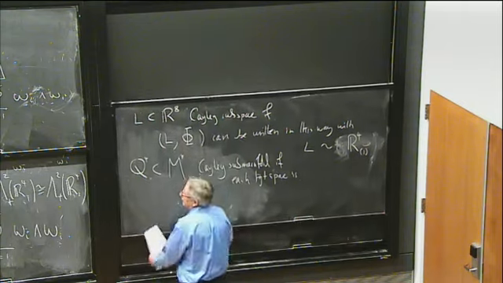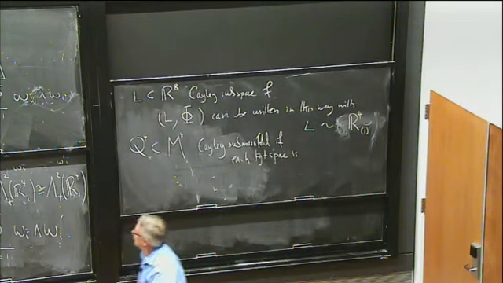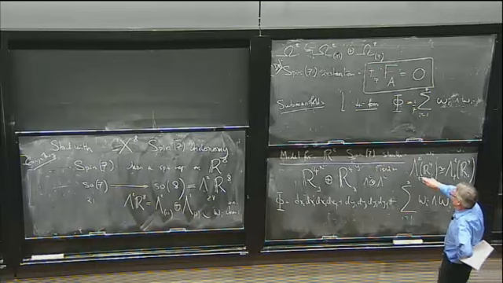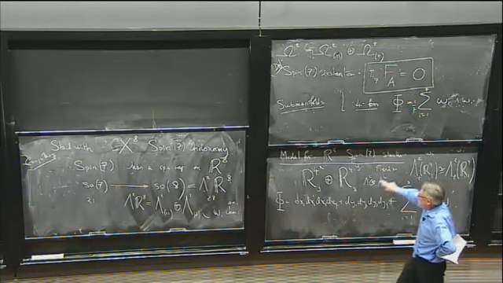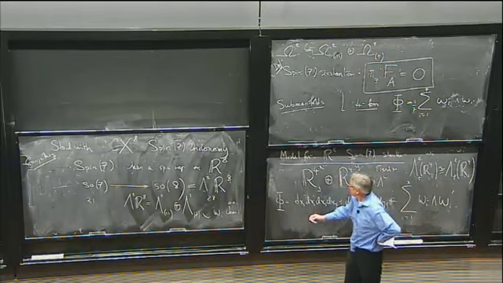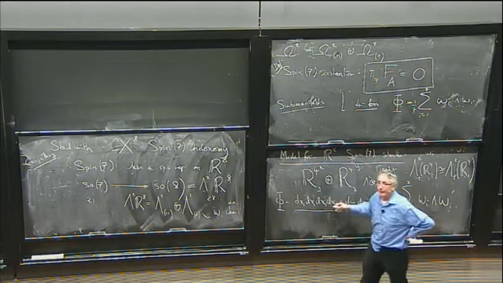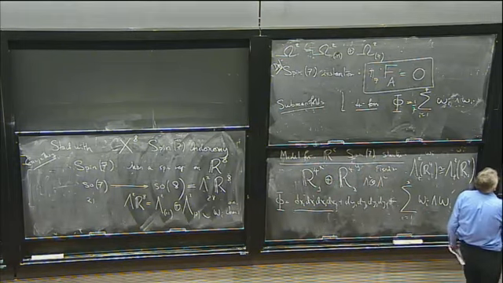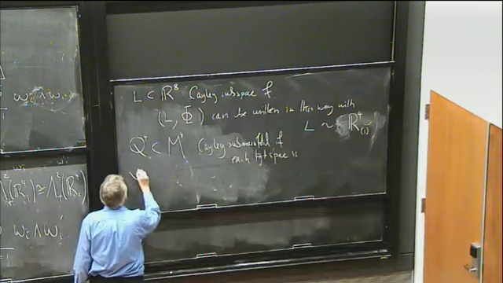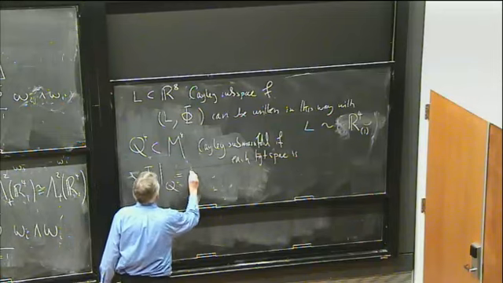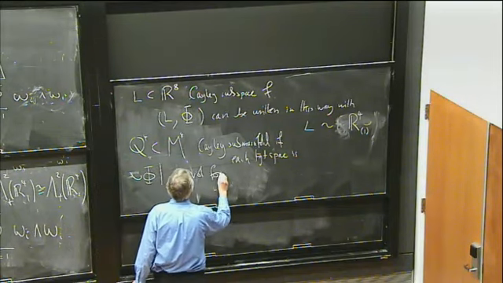Now, one of the salient points to notice about this is that if I restrict my 4-form to the subspace corresponding to L, then it gives the volume form. Psi restricted to Q is equal to the volume form.